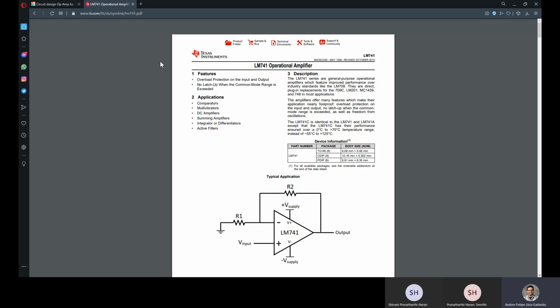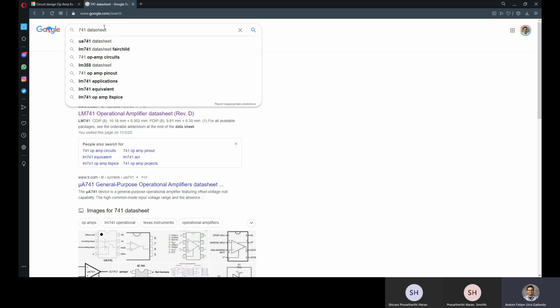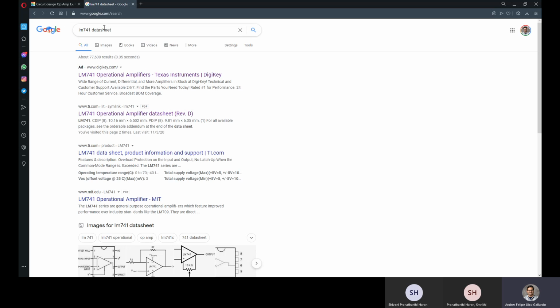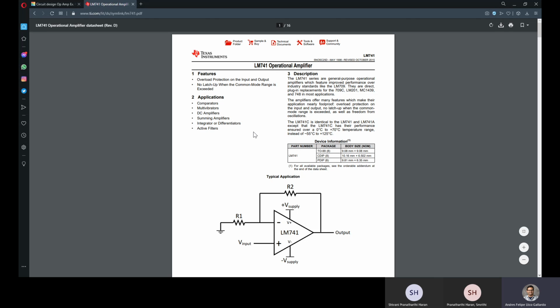Okay. So whenever you're working with any kind of components, what I highly suggest is to, in this case, let's say LM741 datasheet. You want to look into the datasheet for any of the components that you're working on. In this case, let's look at the operational amplifier that I was just using.